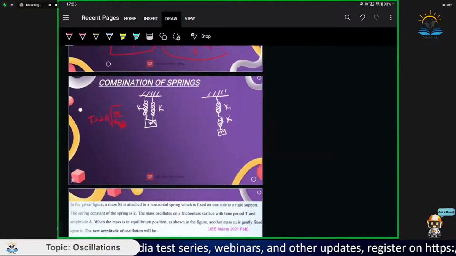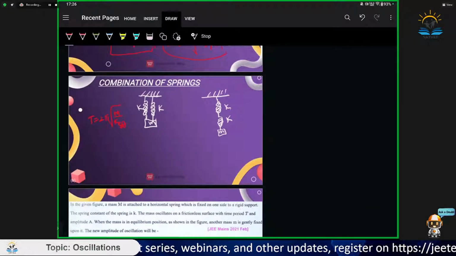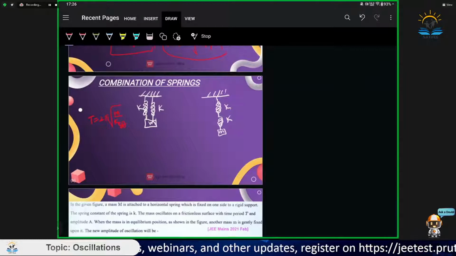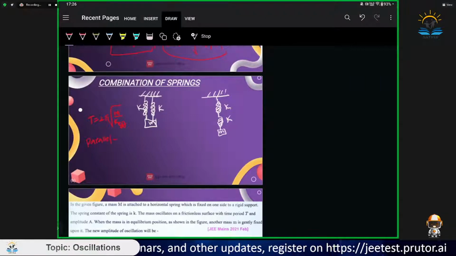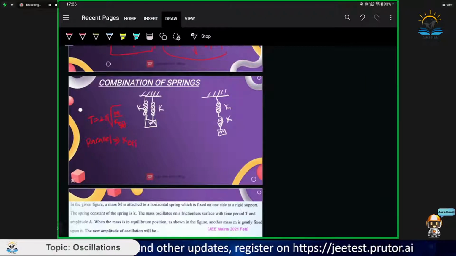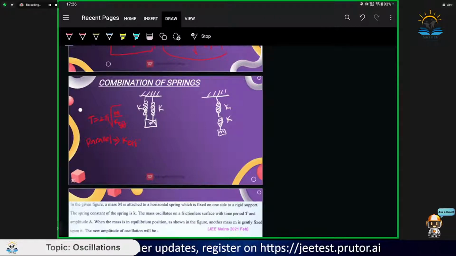For parallel connection, K effective will be like capacitors, K1 plus K2.